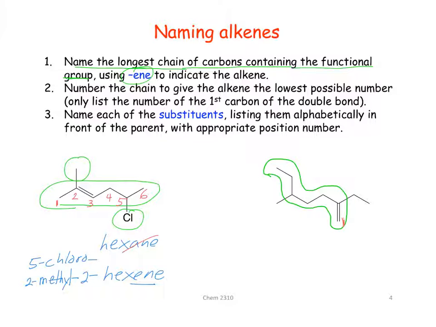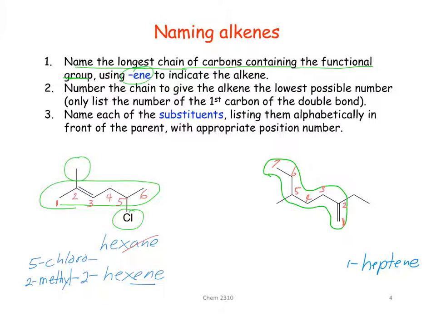So we're going to start here, 1, 2, 3, 4, 5, 6, 7. And so this is going to be a heptene, and the double bond is at the 1 position. All right, so we have to make sure even though it's at 1, we have to put the 1 there because that double bond could be at many different places along the heptene.